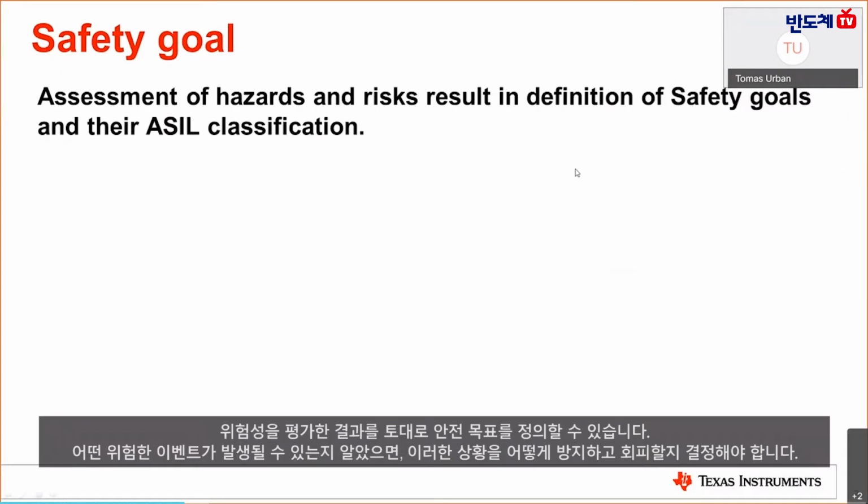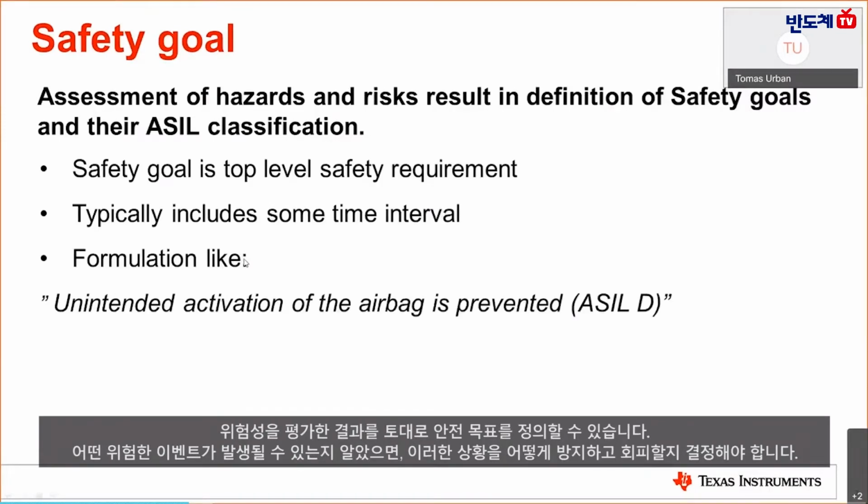As I said, the safety goal basically is an outcome of the hazard evaluation. When we identify the hazardous event, we can define what should be prevented, what should be avoided.